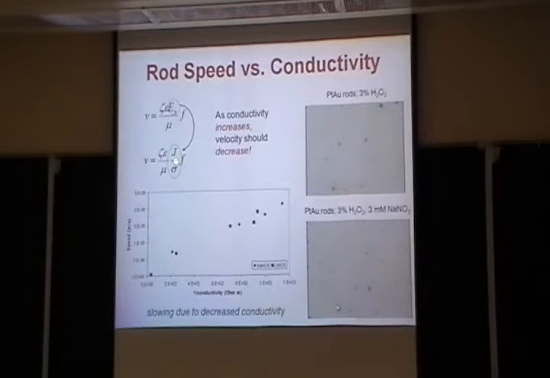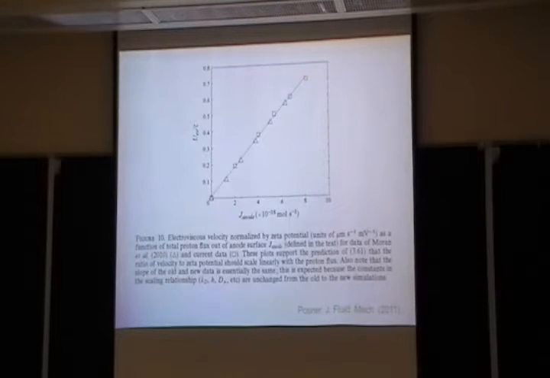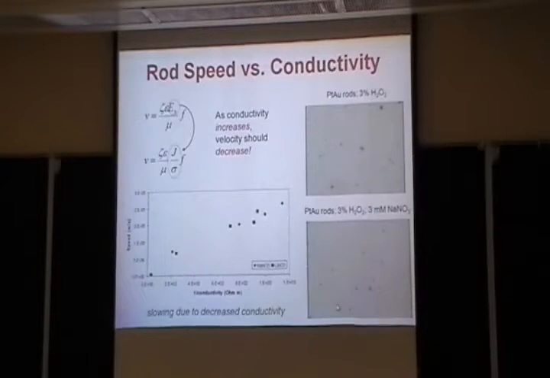The other thing is that it's inversely proportional to solution conductivity. So in pure water with hydrogen peroxide, they move much faster. When you add salt, they really slow down, and you can see the speed increases with 1 over conductivity.